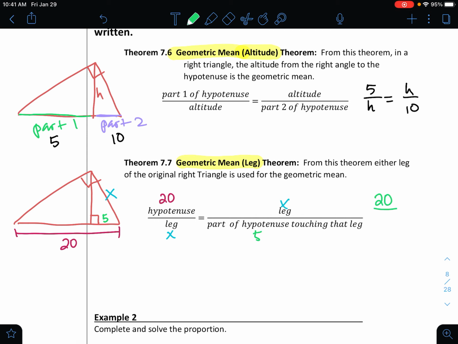Let's say that is 5 units right here. Then I would have 20 over the leg equals the leg over 5.